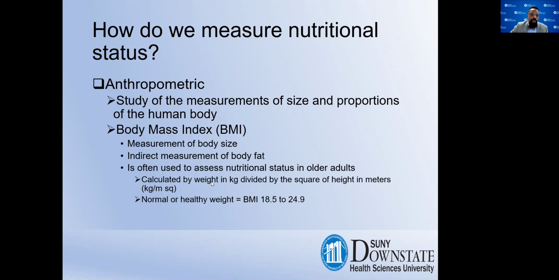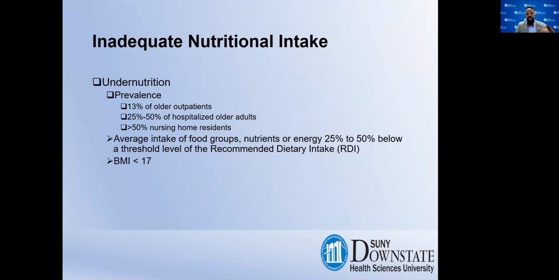And that number is important because there are specific cutoffs that have clinical implications, right? Normal, generally speaking, it's not absolute, is somewhere between 18.5 and 25. If someone is tremendously below 18, that has clinical implications. For example, someone whose BMI is below 17 can be associated with certain underlying conditions, and a poorer prognosis than someone who has a normal BMI.